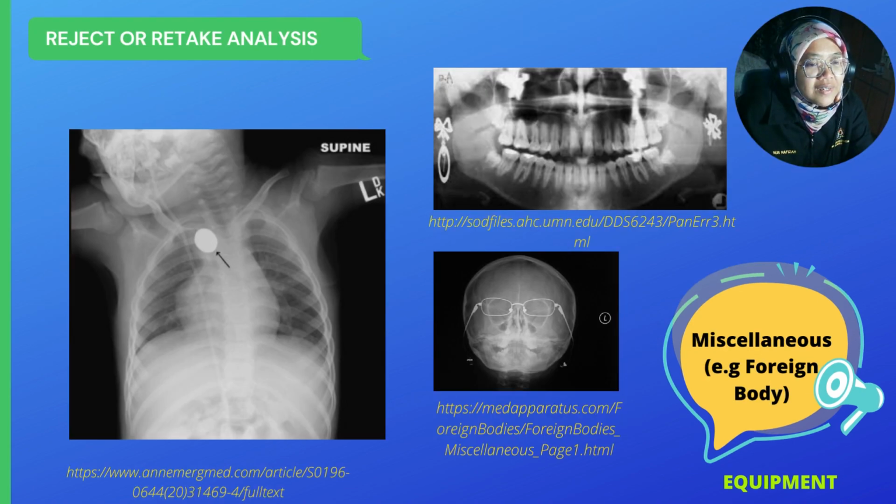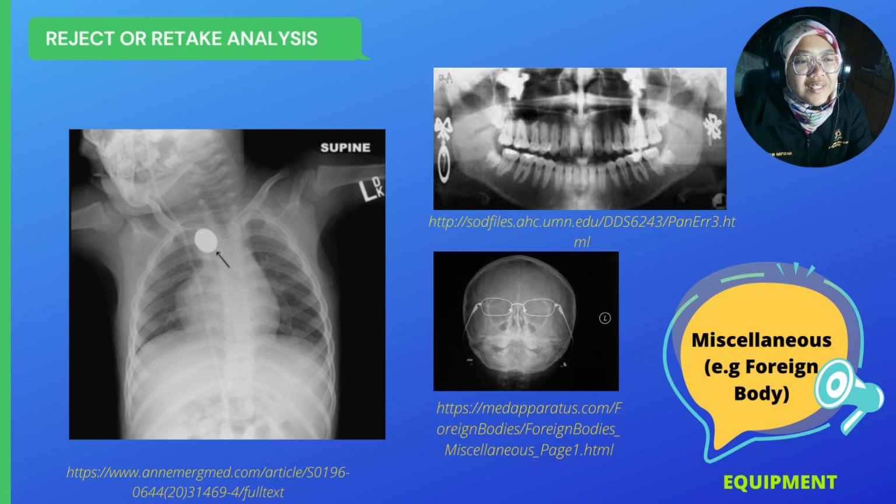Okay, this is an example under miscellaneous, which is foreign body. The first one, if the coin is outside the body or there is no history that the patient swallowed the coin, you need to repeat it. If let's say the history is that the coin was swallowed by the patient, by their children, then no need to reject.